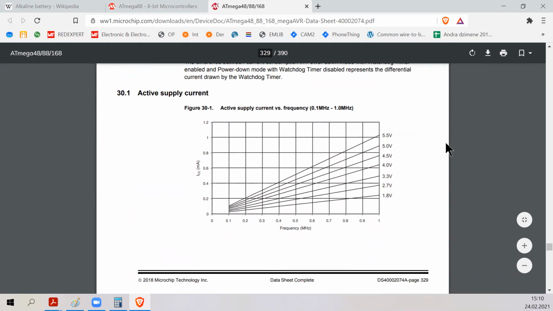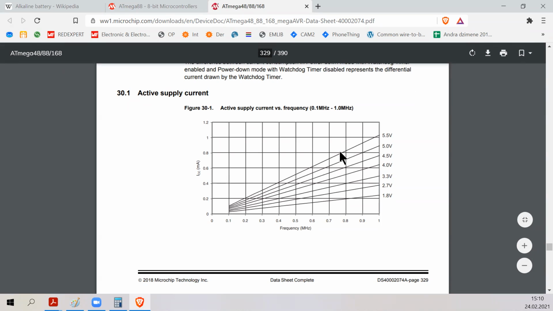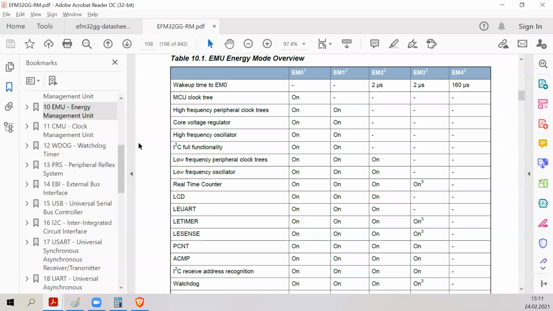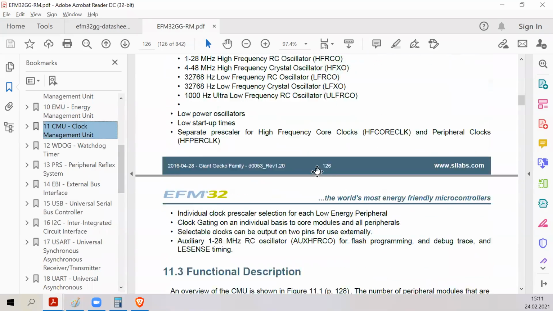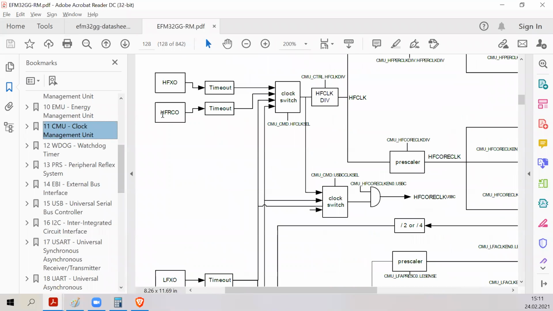So the chip is running at 1 megahertz after reset by default, but you can increase its internal speed up to 8 megahertz, and you can connect an external crystal to make it run up to 20 megahertz. This is why, for example, also in this EFM32 chip, we have this option to switch between high frequency external oscillator and high frequency internal oscillator.